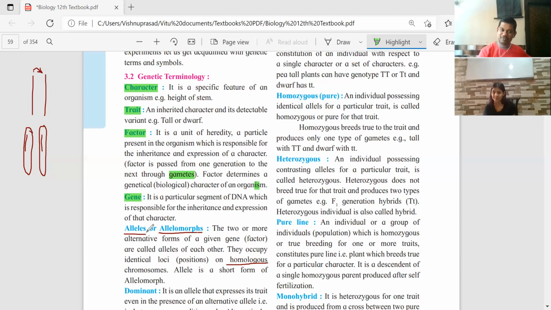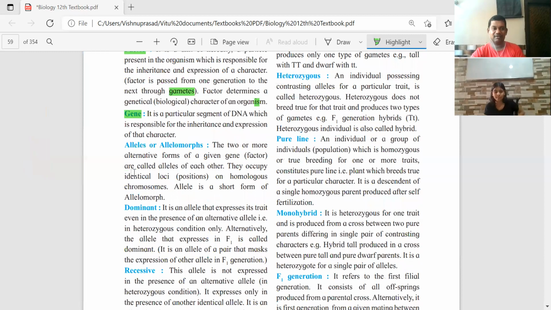Understood the meaning of this? Understand it really very properly, because these are the words which will keep coming again and again when you learn the entire genetics. Now, when you say alleles, they are of two types. There is a dominant allele and there is a recessive allele. Dominant allele means, in any combination of the genes, this particular allele will be expressed.